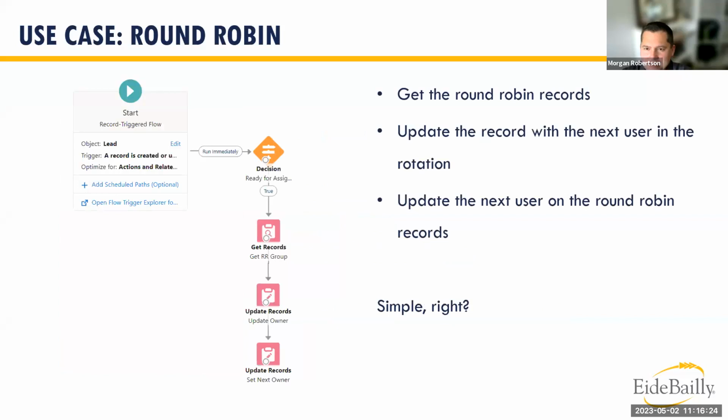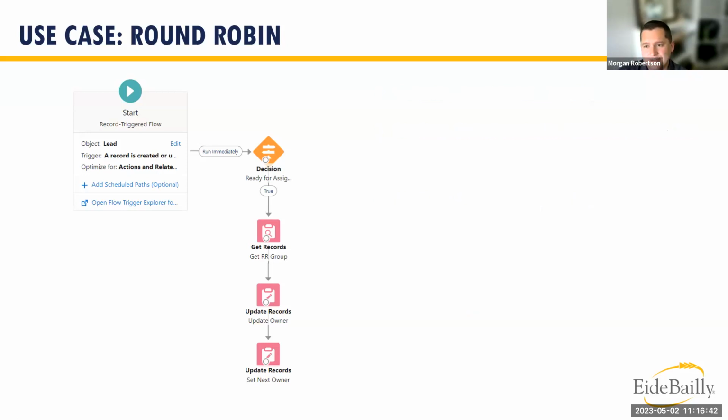His flow looks something like this. So first, you get the round robin records. You update the owner, and you set the next owner on the round robin.